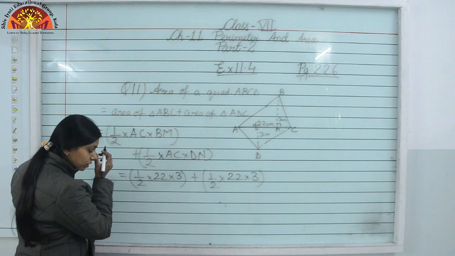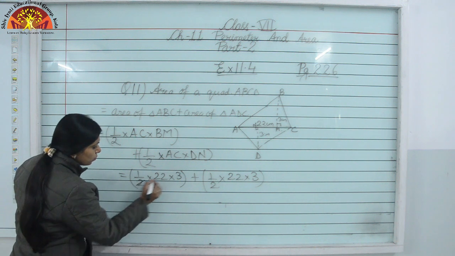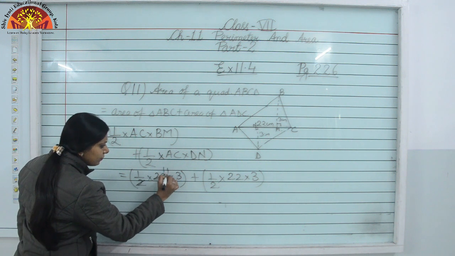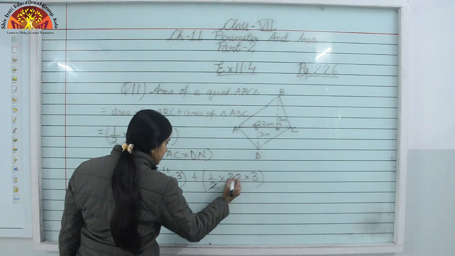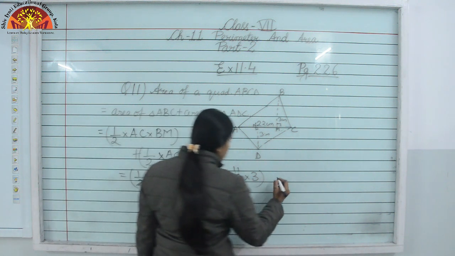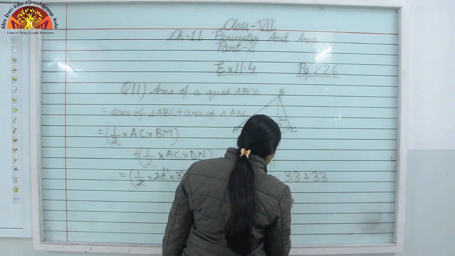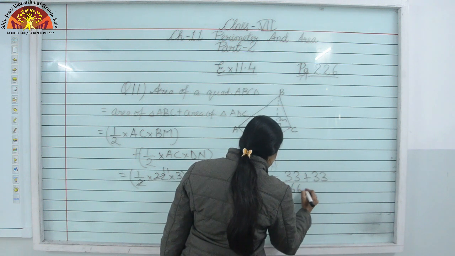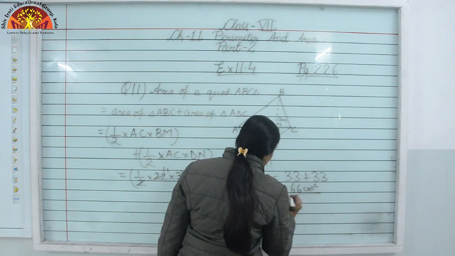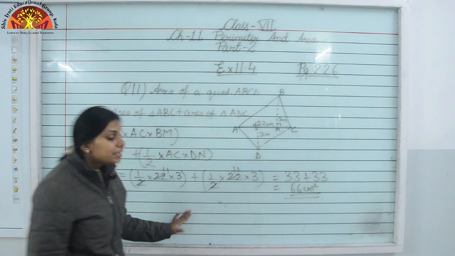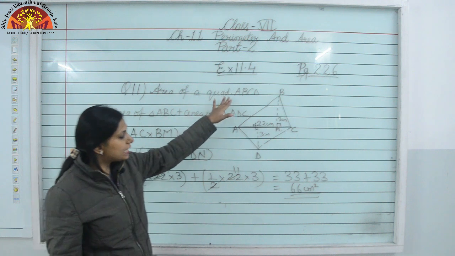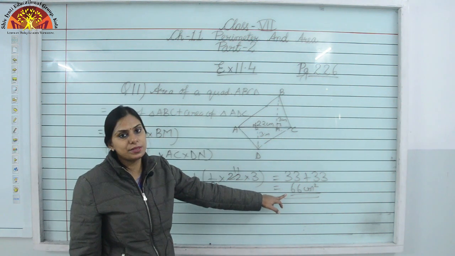Now you can just do the calculation over here children. So it is 11, again here it is 11. So 33 plus 33, which is equal to 66 centimeter square. So children, you can see that the area of the quadrilateral ABCD is equal to 66 centimeter square.